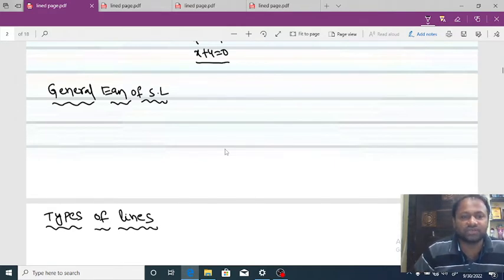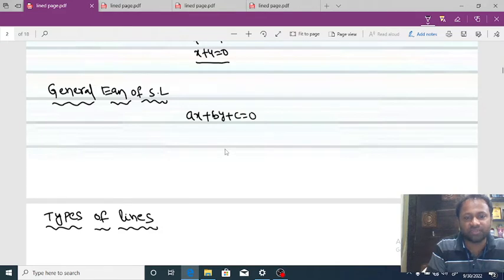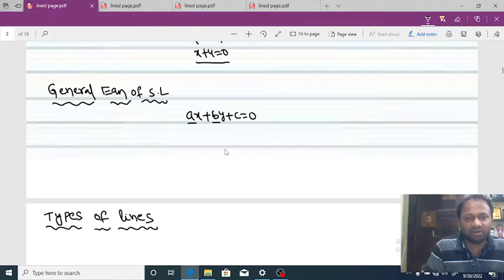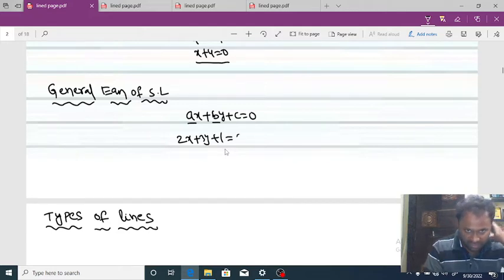The general equation of a straight line is in the form of ax plus by plus c is equal to 0, where a and b are not simultaneously equal to 0. This is the general form of the straight line. For example, 2x plus 3y plus 1 is equal to 0 represents the equation of a straight line.